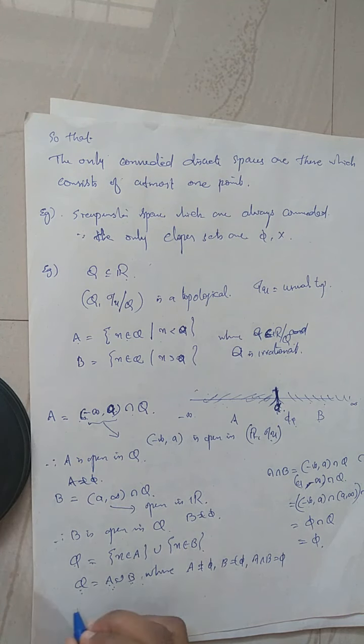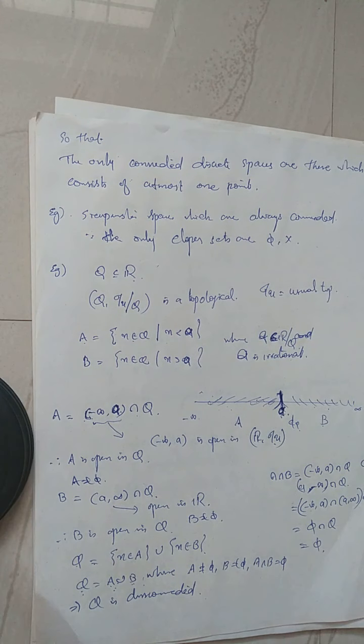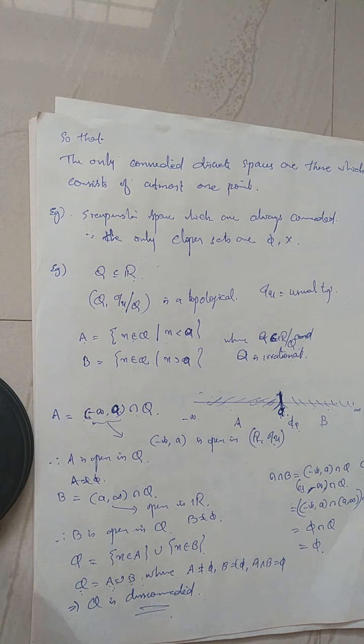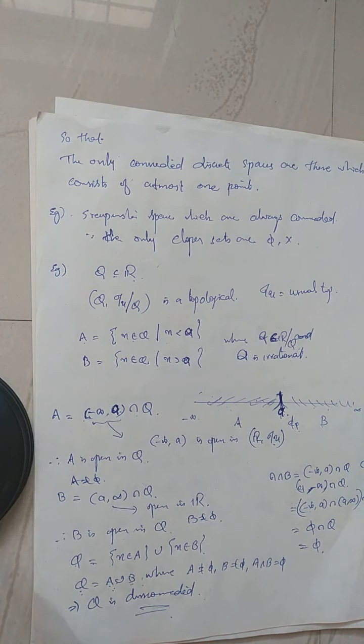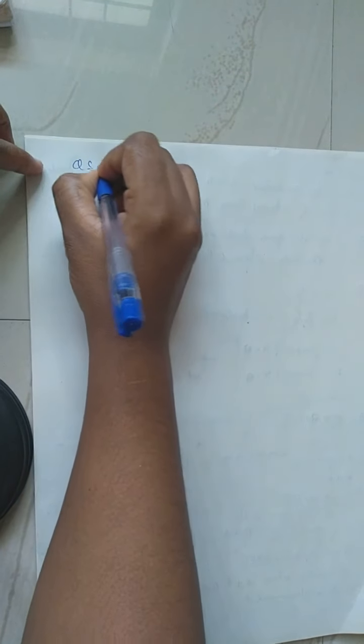So the rationals with the usual topology is a disconnected space, because it can be written as a disjoint union of two non-empty open sets A and B, which are of the form like this. So the subset Q of R is not connected.